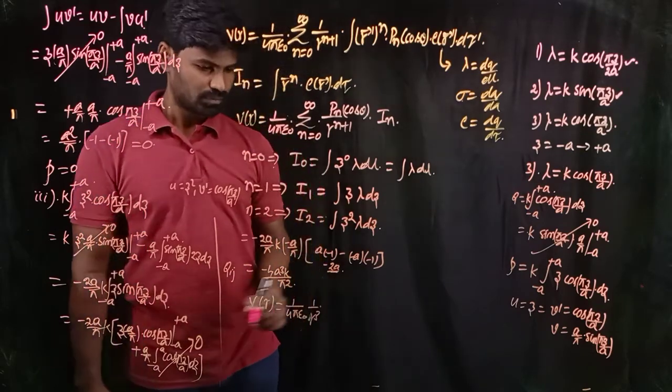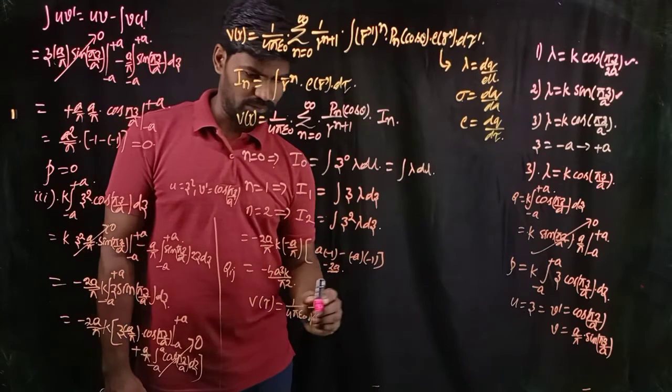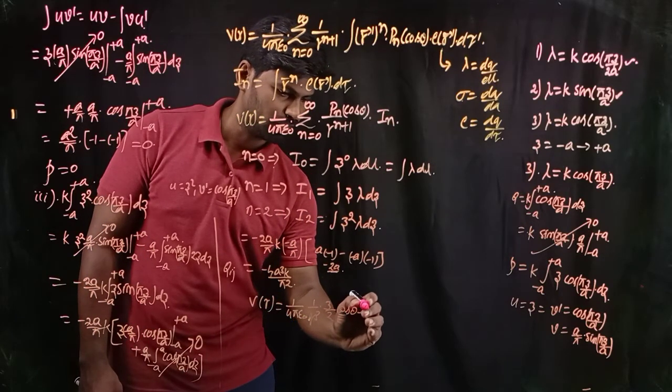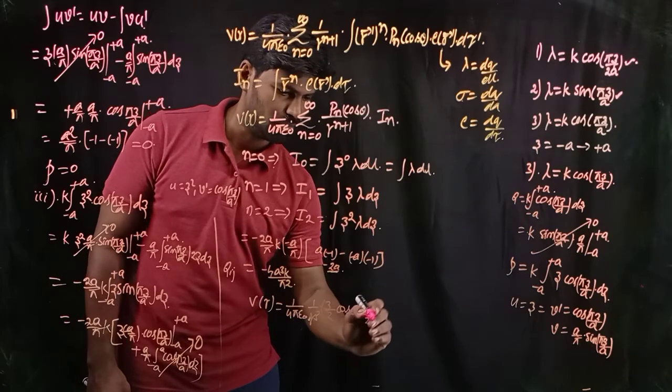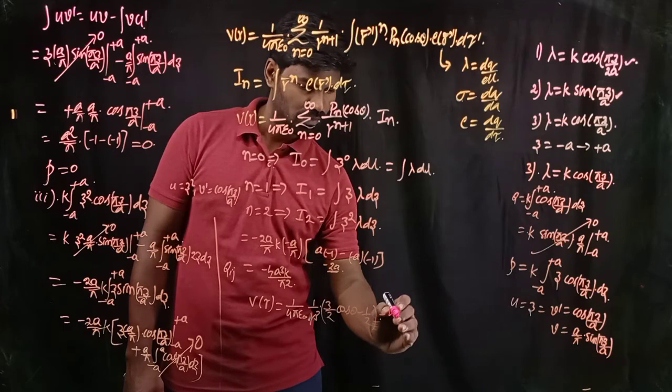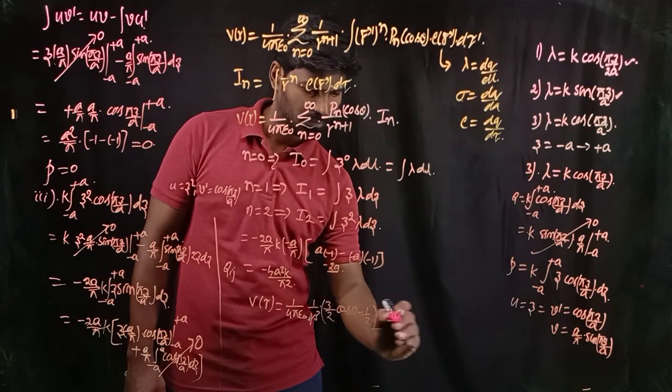The third term in the Legendre polynomial is 3 by 2 cos square theta minus 1 divided by 2, into the Qij value we got, minus 4a cube k divided by pi square.